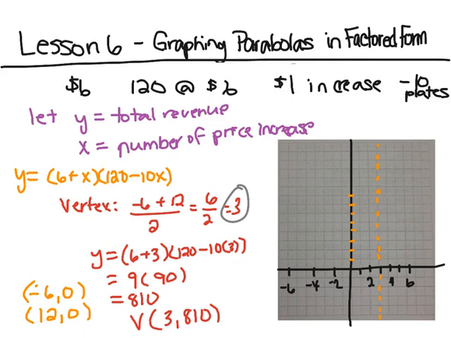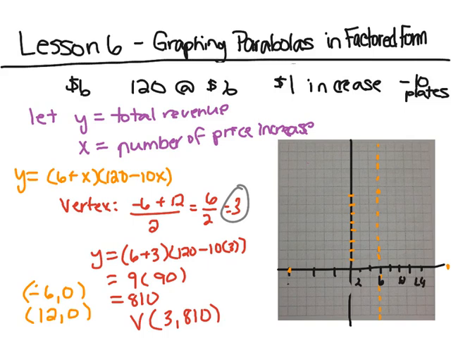Our intercepts are at positive 12, which is somewhere over here, and negative 6. Well, let's go up by 2's on the x-axis then, maybe. So 2, 4, 6, 8, 10, 12, 14.